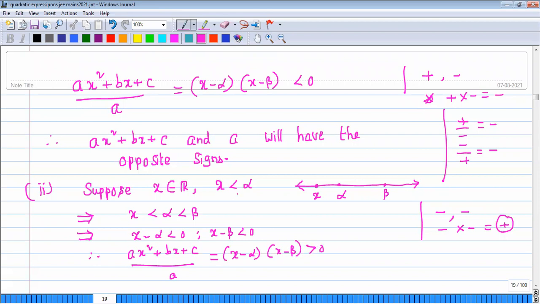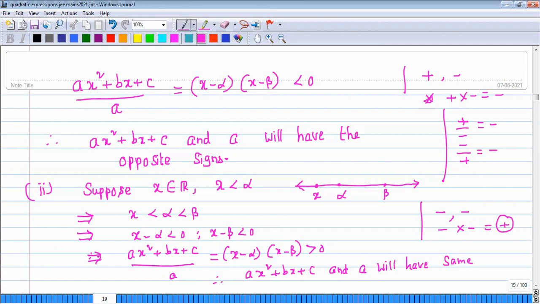So if x is less than alpha, ax square plus bx plus c and a will have the same sign. Therefore we conclude ax square plus bx plus c and a will have not opposite sign, same sign.